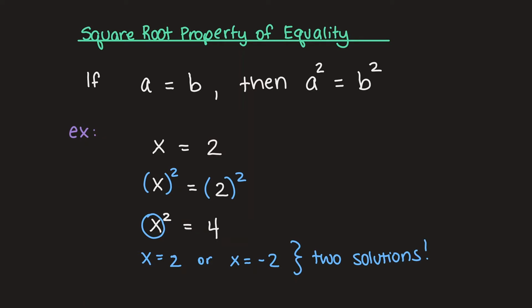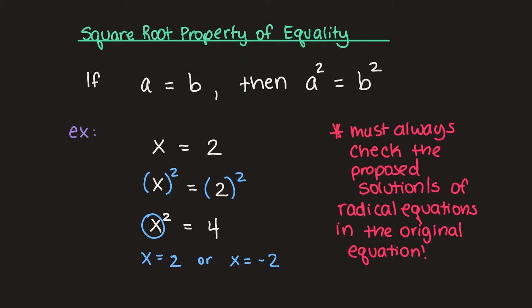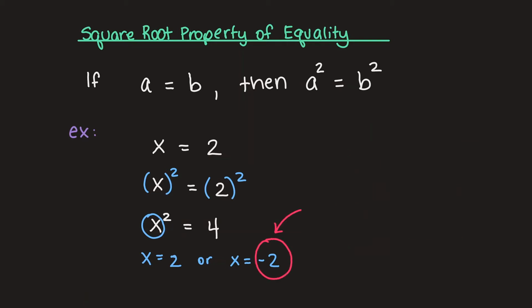X can either be 2 or negative 2, while the original equation only has one solution, which is 2. And for this reason, we must always check the proposed solutions of radical equations in the original equation. We call negative 2 an extraneous solution, which is a value that satisfies one of the new equations but does not satisfy the original equation.